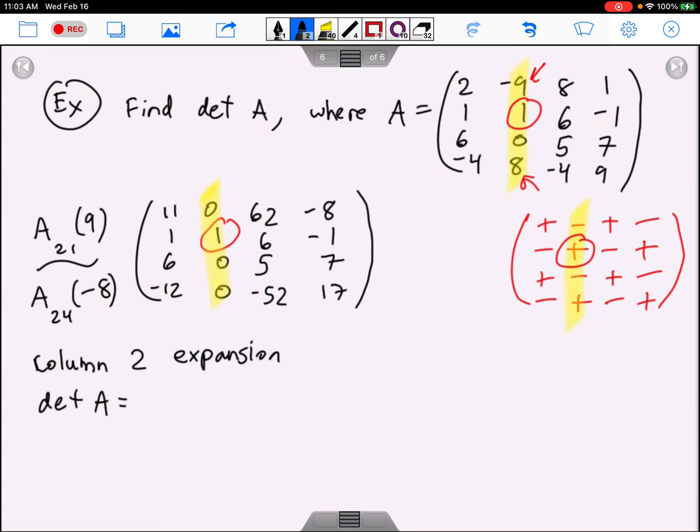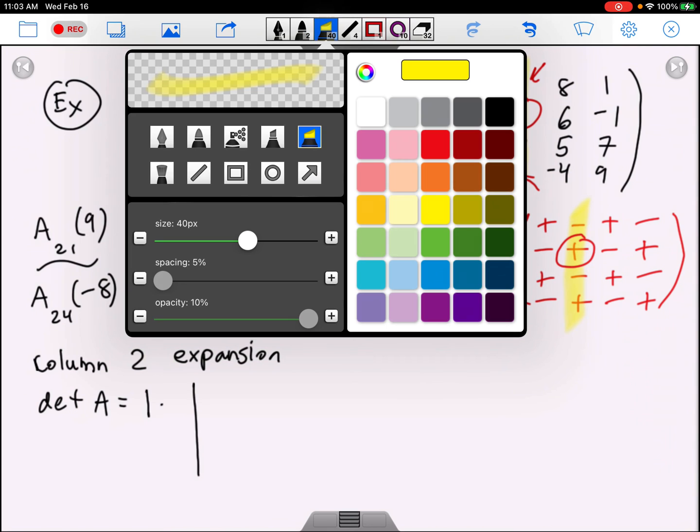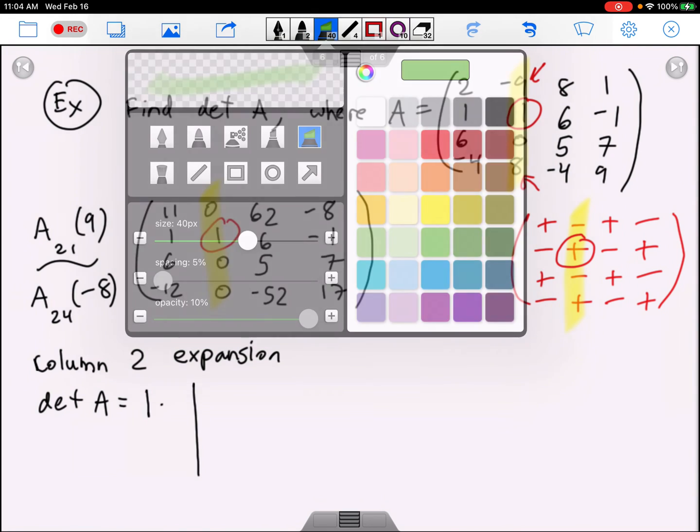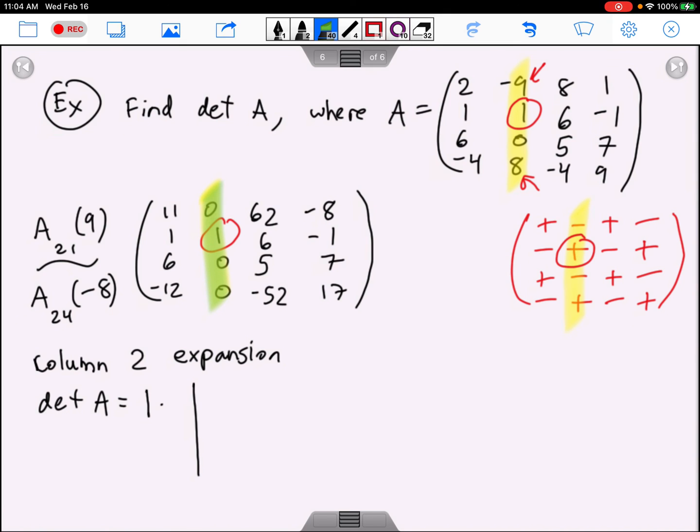So all I really need is the positive 1, it happens to be a 1 there also, times the determinant of, we're going to delete this column and this row, and we're going to write down the matrix that's left, okay?